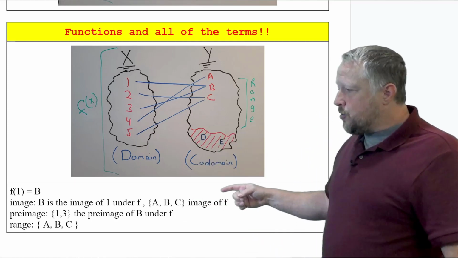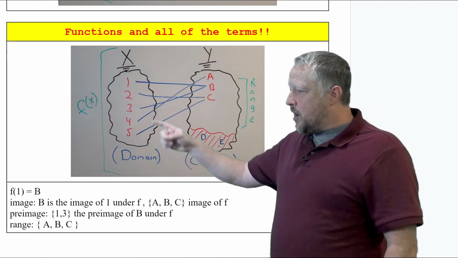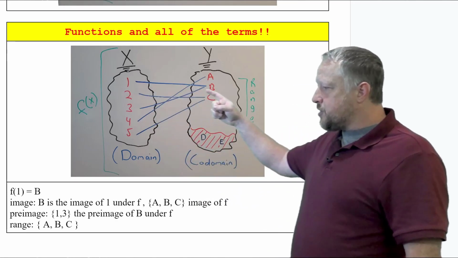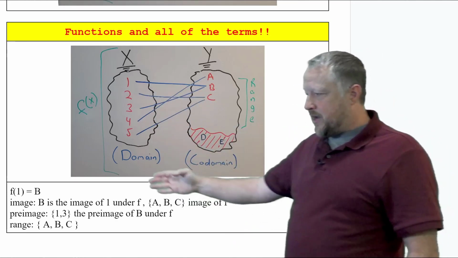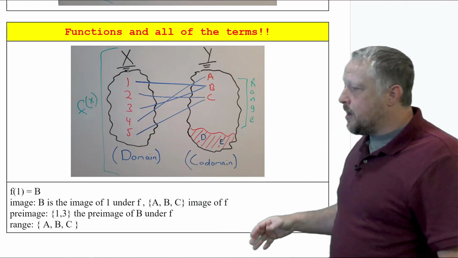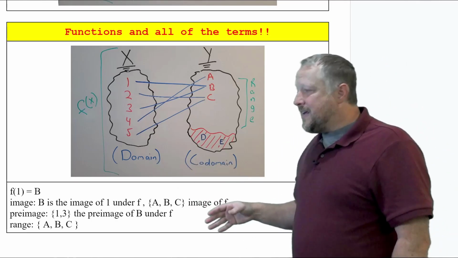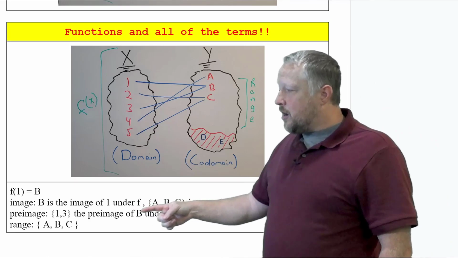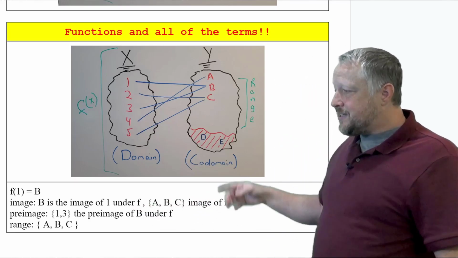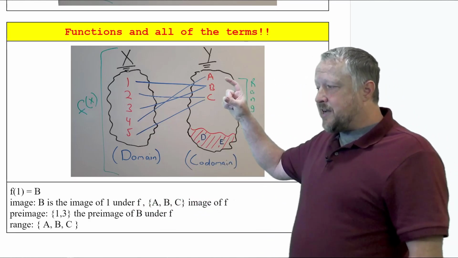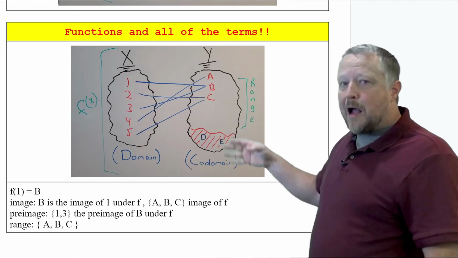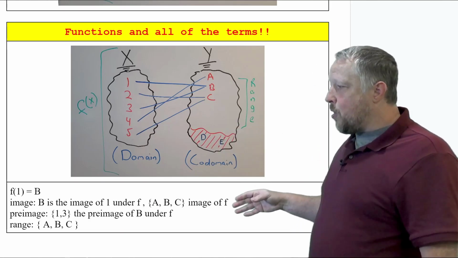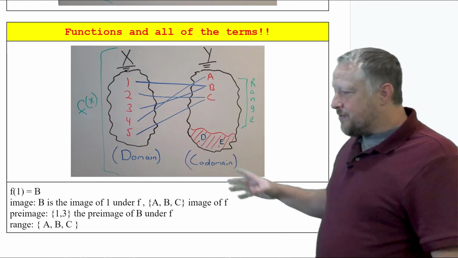So when we do our image here, we do f of 1, we go to 1, and then we see that it's going to end up mapping to our b. So I think you can understand that first line. The image b is the image of 1 under f of a, b, and c. Notice, by the way, I didn't say D and E, even though they're options, but they were never really part of it. The image of f.